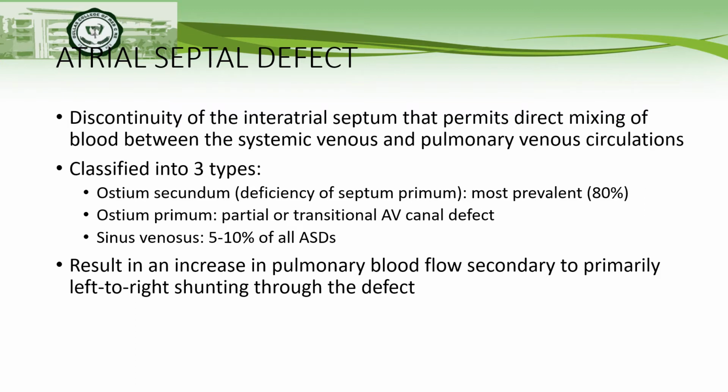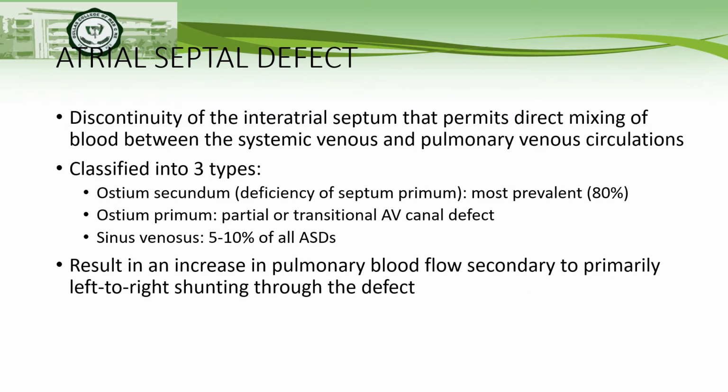ASD is defined as the discontinuity of the interatrial septum that permits direct mixing of blood between the systemic venous and pulmonary venous circulation. They can be classified into three types: the ostium secundum, which is a deficiency of septum primum, ostium primum, and the sinus venosus.